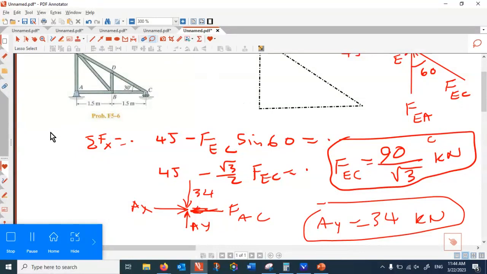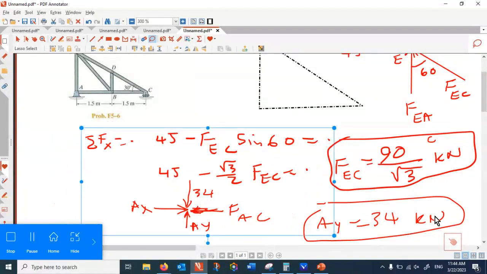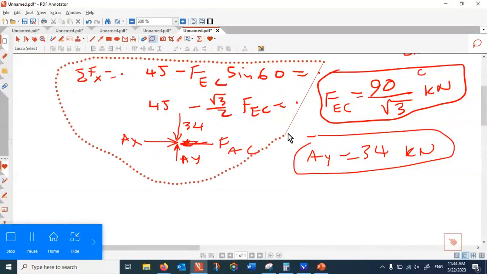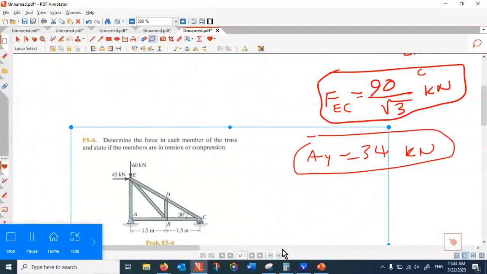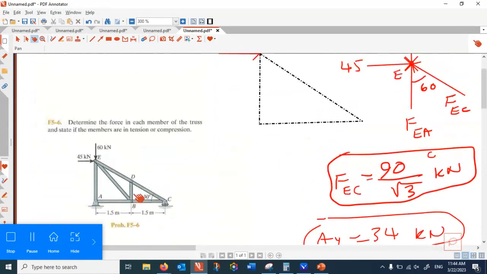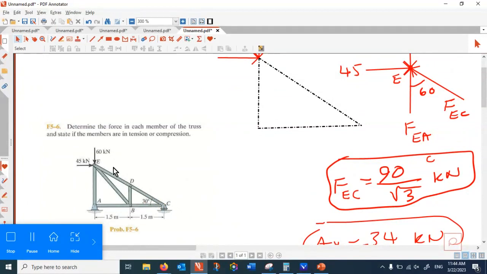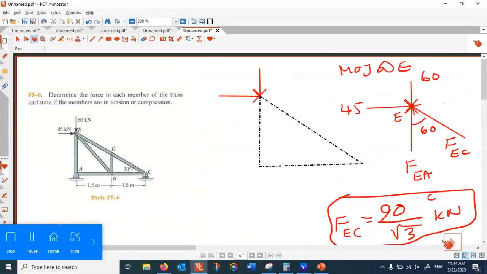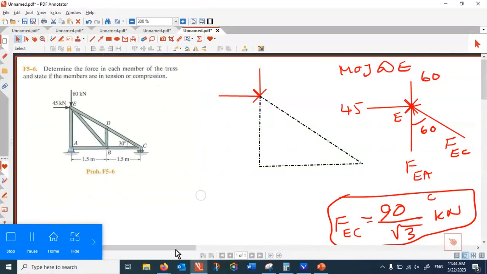So let's do method of joint at C. Okay, if I apply method of joint at C, I would have a vertical reaction. This is CY.